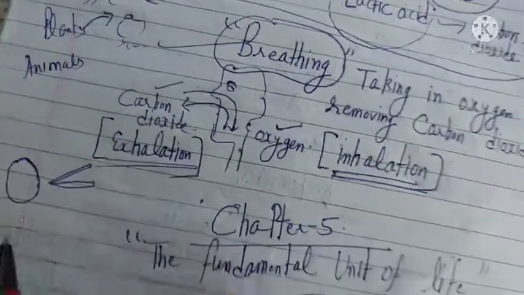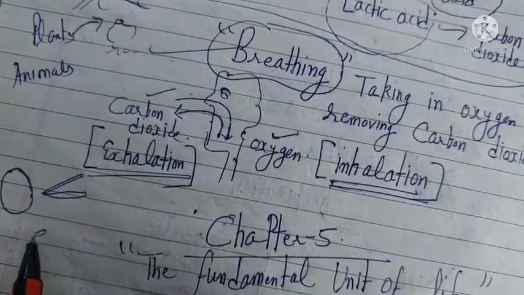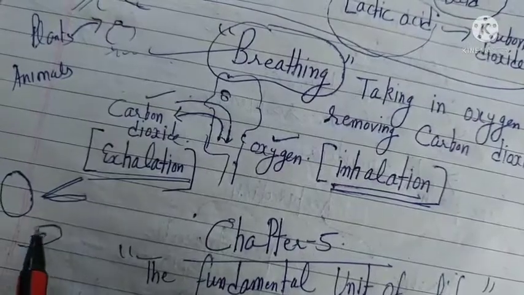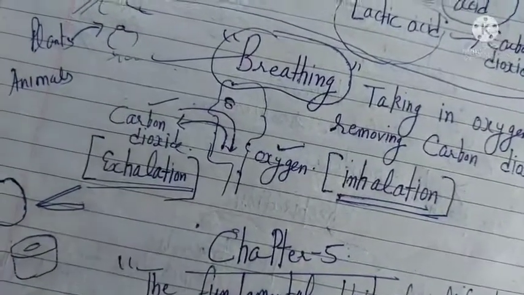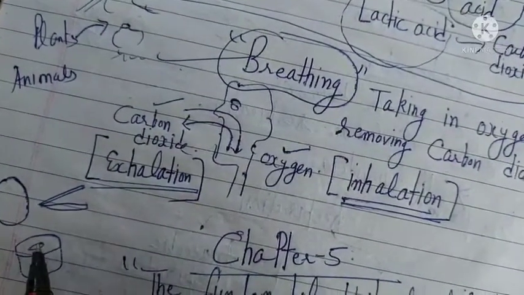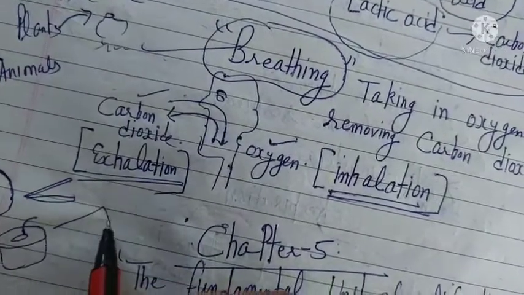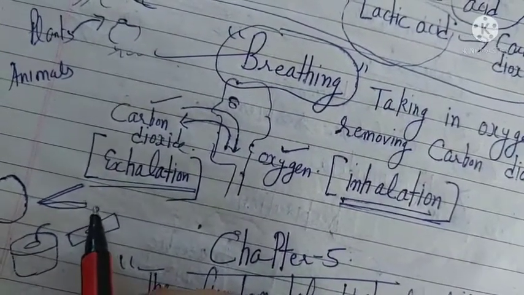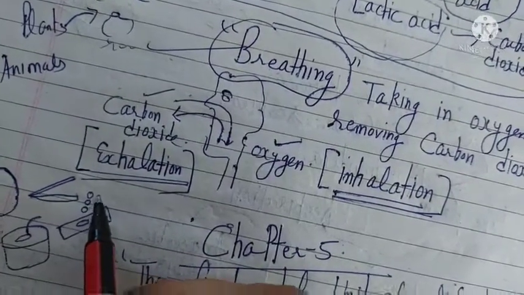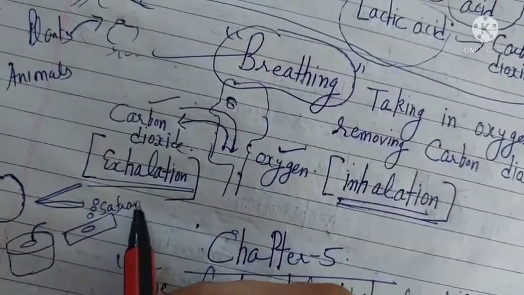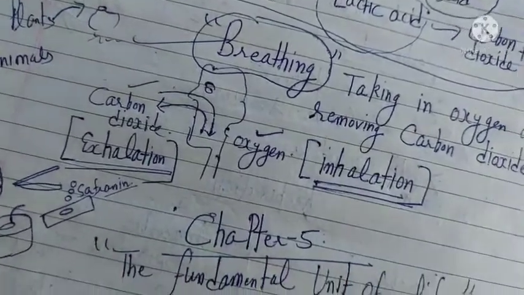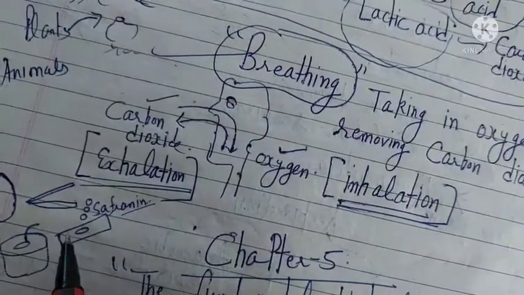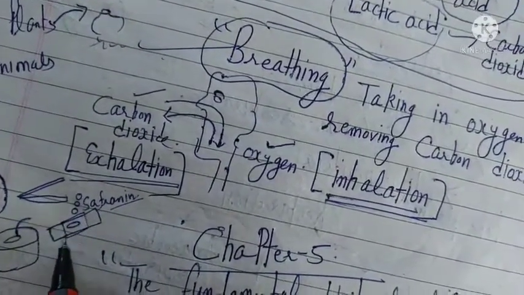And then place that peel in a watch glass containing water. Now shift this onion peel to a glass slide and put a drop of saffron solution to stain it. Saffron is a pink color solution. And cover this with a glass slip.